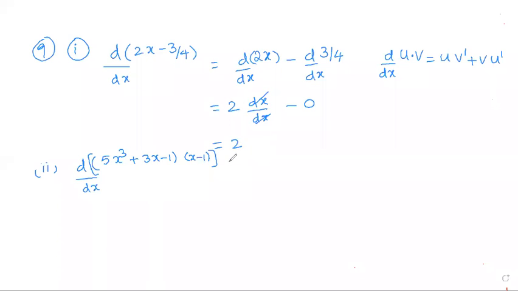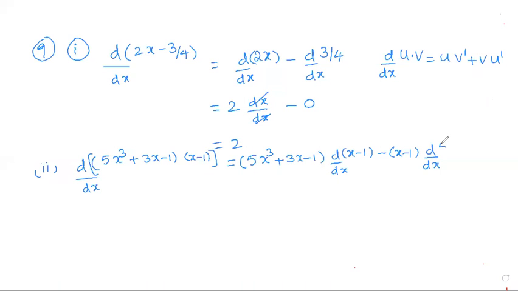Okay? I will do the u into v formula. 5x cube plus 3x minus 1 is u, silent, into the derivative of v. The v place is x minus 1. Minus second term: v is silent, the derivative of u.